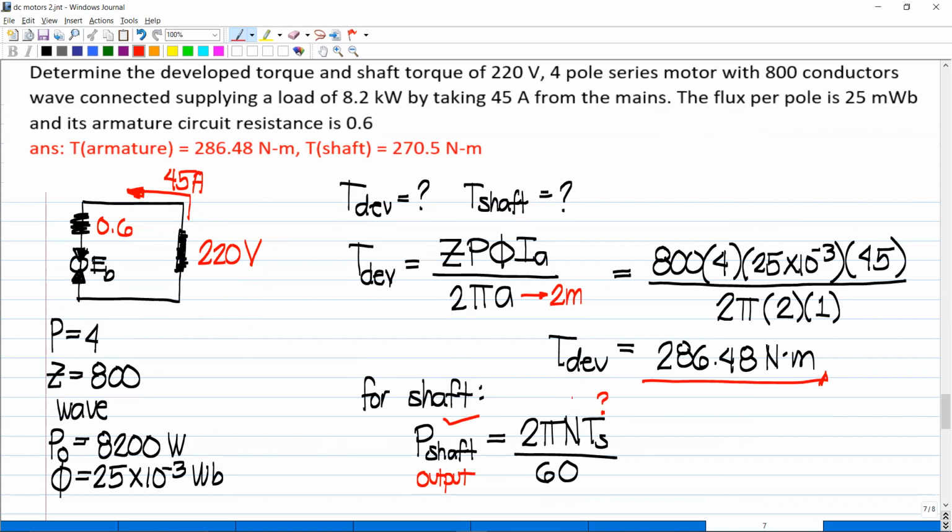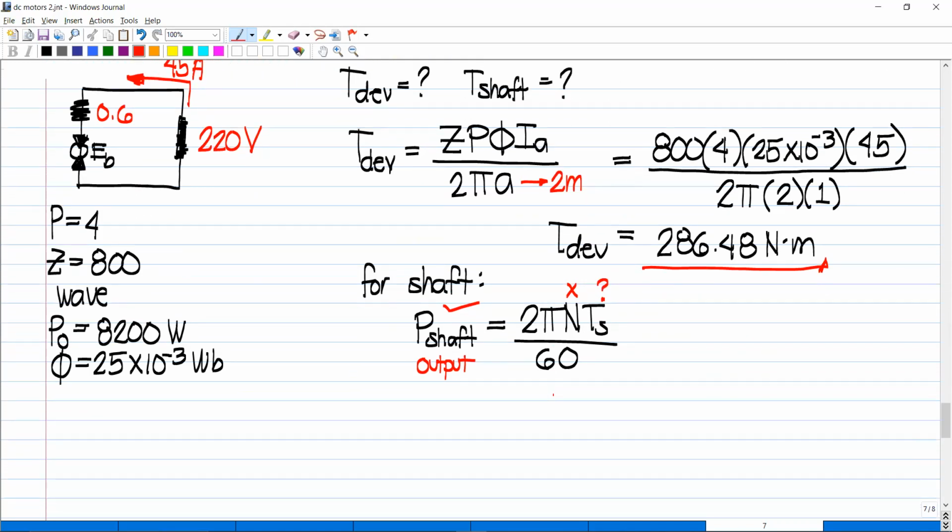Ang problema naman natin ngayon, wala pa si N. And if we will be looking for N, sino pa bang formula? Yung ginagamit natin ng N, syempre wala tayong sawa sa Pons over 60. So this is poles, flux, yung N na hinahanap natin, number of conductors, and then 60.